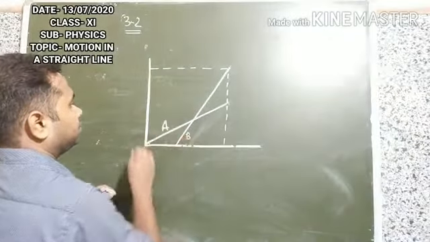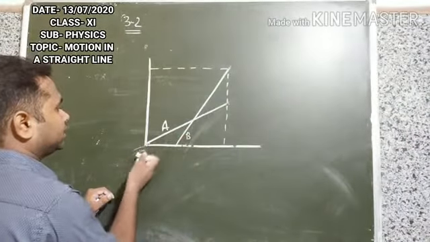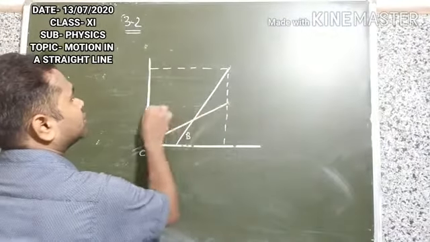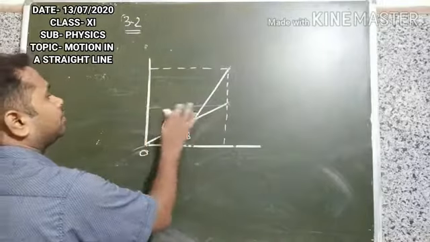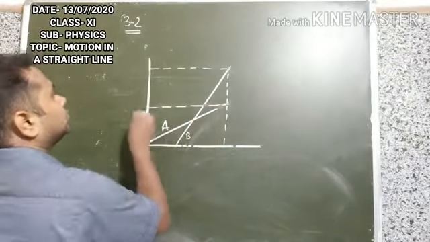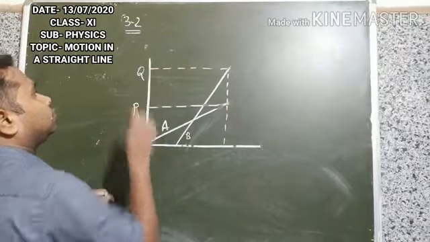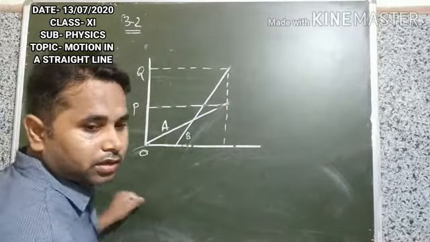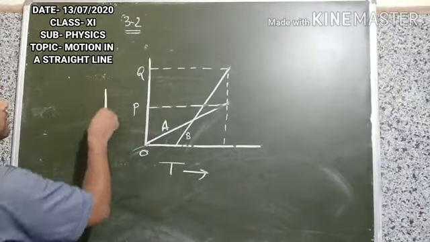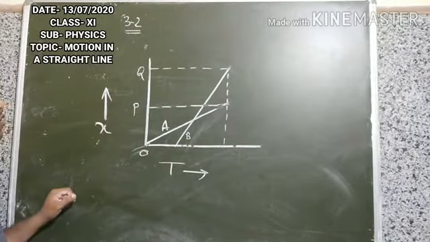A, B, this is O, that is school, and their homes locations are P and Q. Time along x-axis and position along y-axis.